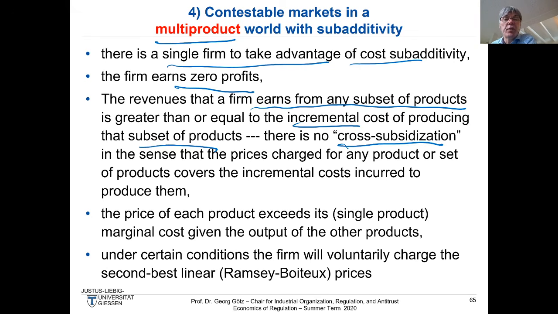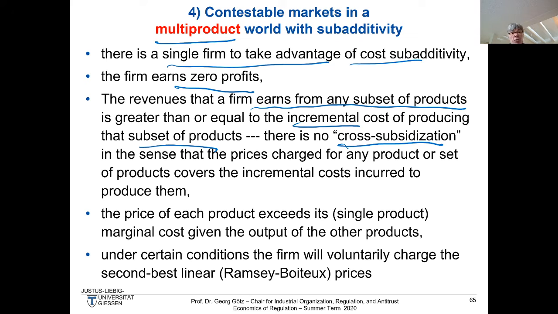And if you cross-subsidize the Sharan, that means the total amount of all other cars has to bear higher cost than the standalone cost to produce all of these other cars. So the Sharan is sold at a price below its incremental cost, so the others pay more than their standalone cost.